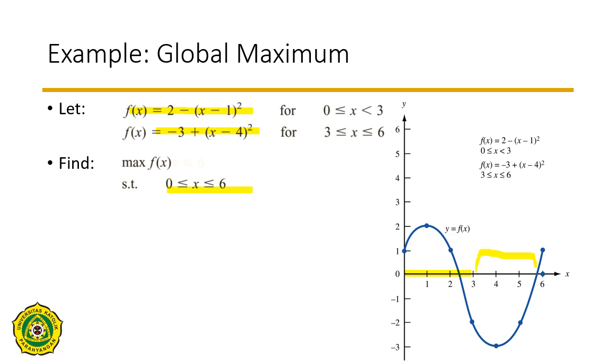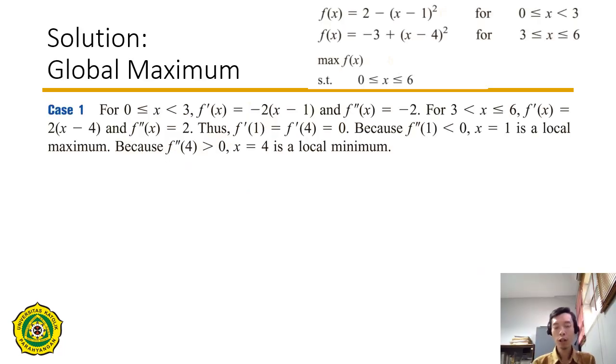Okay, so let's apply those 3 cases. Now we're going to check case 1 for that problem. We have 2 functions here, f(x), so for each of these functions, we're going to find the stationary points. Let's talk about the first function first. We take the first derivative of this function, and here's the result: minus 2 times (x minus 1).